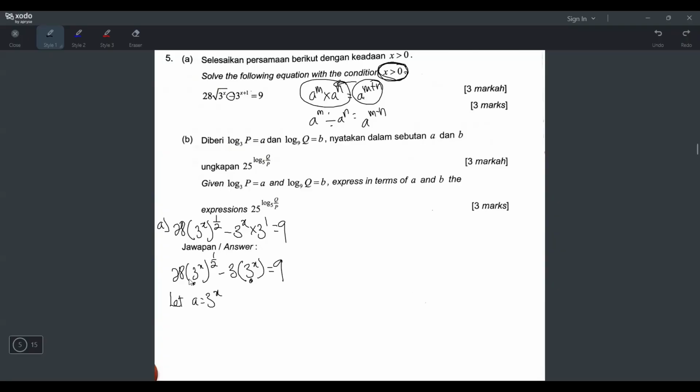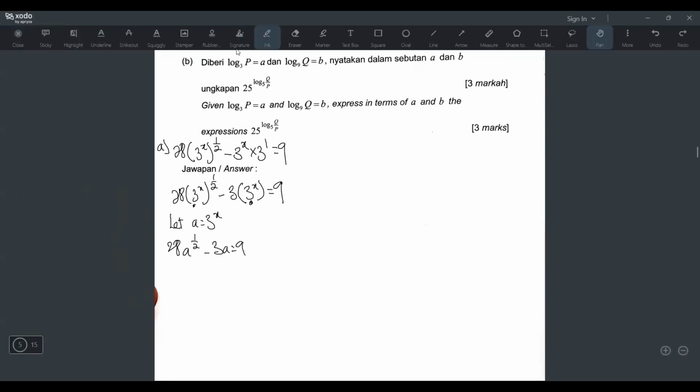It means I change 3 power x to A temporarily, for temporary only. Later you have to change it back. So now it becomes 28, A power 1 over 2 minus 3A equals 9. I just temporarily change to A only. So now I can try to find A, but A is your 3 power x, later I have to change it back.